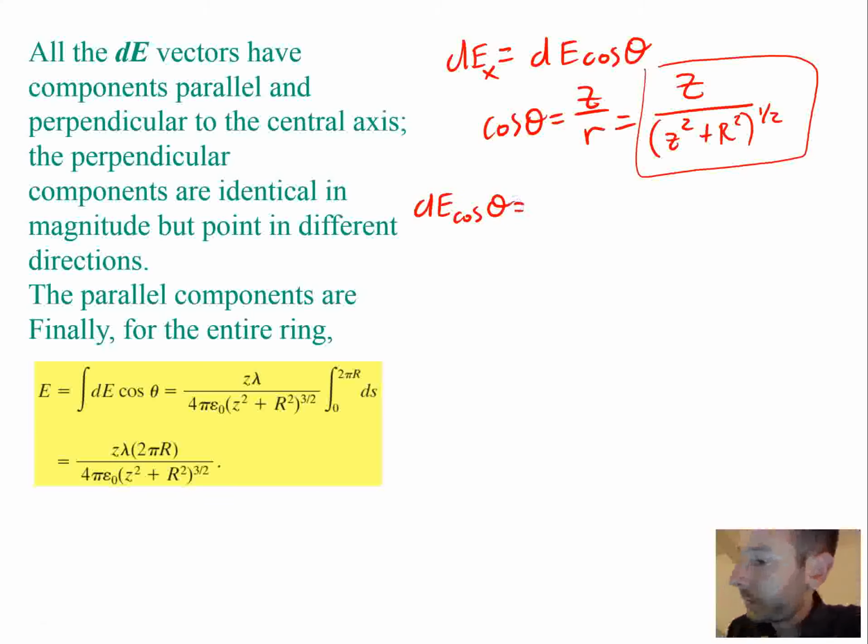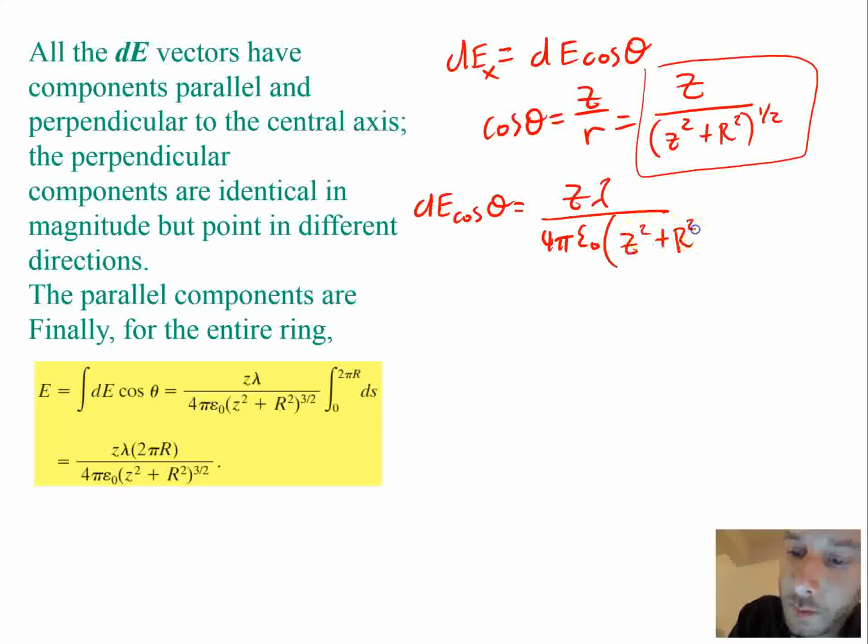is going to be equal to, on top we have z times lambda divided by 4 pi epsilon naught. And then in the parentheses, you end up with z squared plus big R squared.